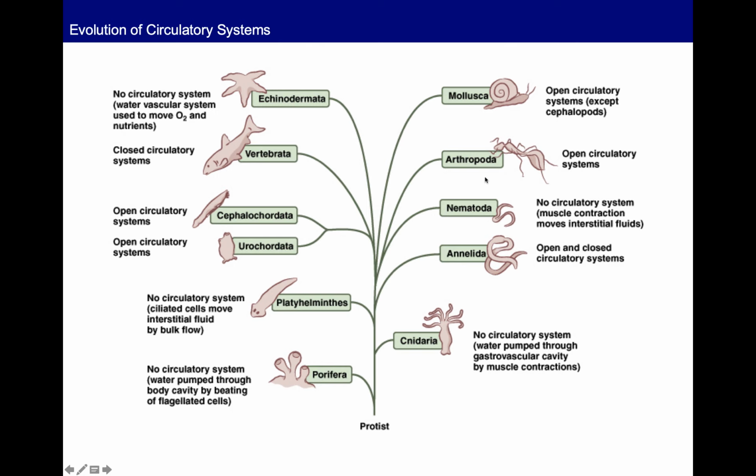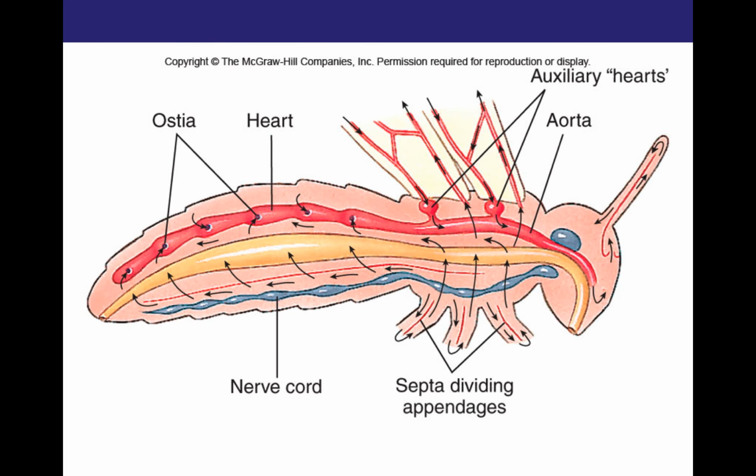So let's focus on the arthropods for a second, just so that you get some terms down. An open circulatory system has a large cavity where fluid can accumulate, okay? You can see this in pink here. It's just one large cavity.